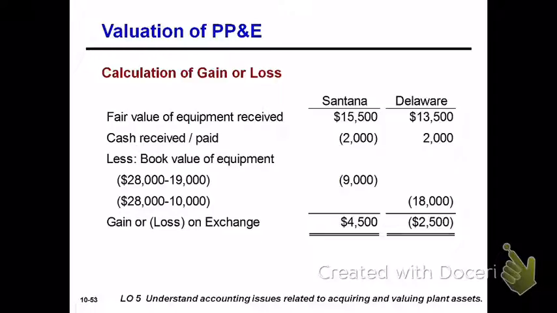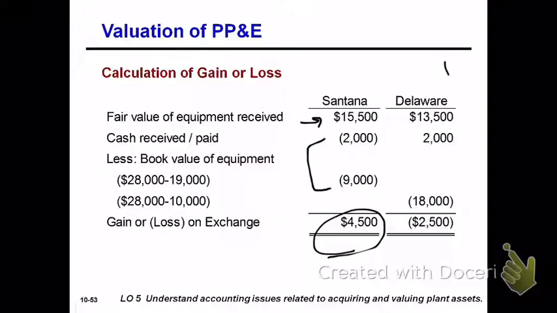The book value of the equipment is $28,000, accumulated depreciation $19,000, so there's a $9,000 book value. We're giving that up. So we're giving up basically $11,000, and we're receiving $15,500. So there's a gain on this transaction of $4,500.